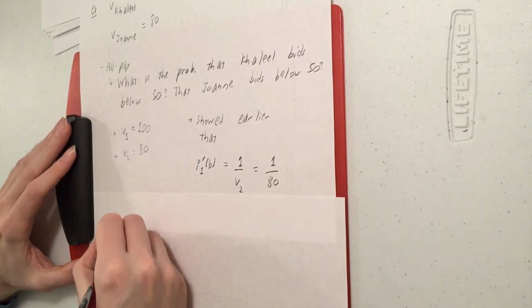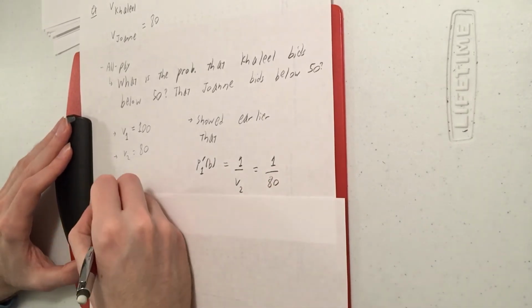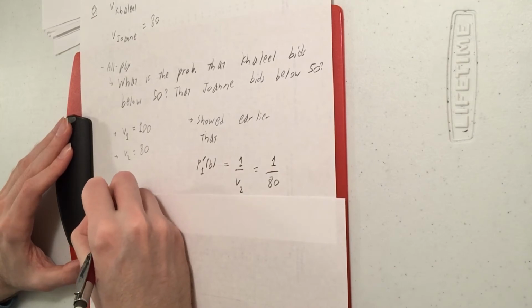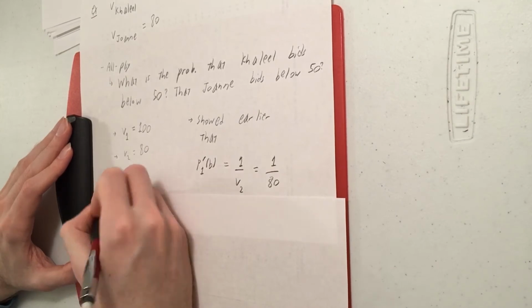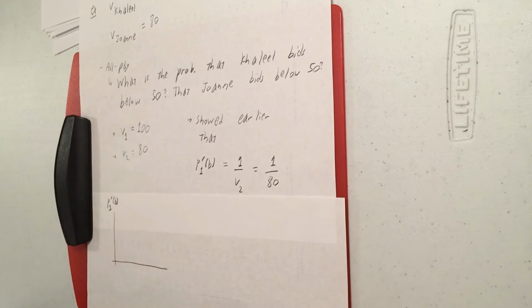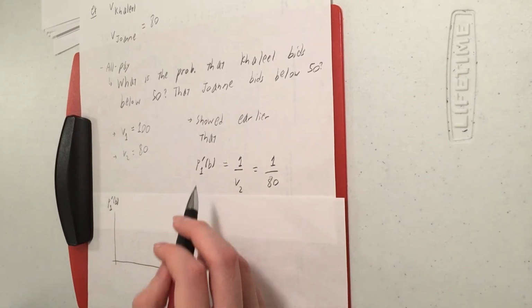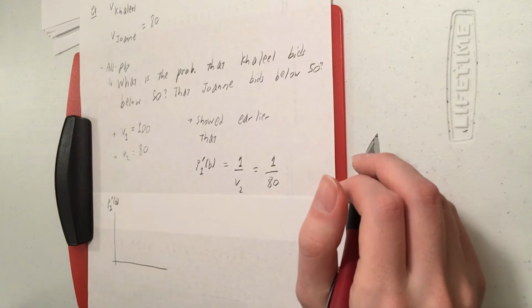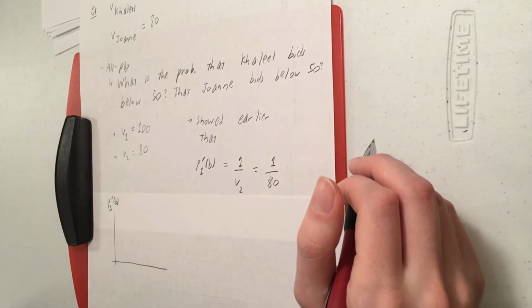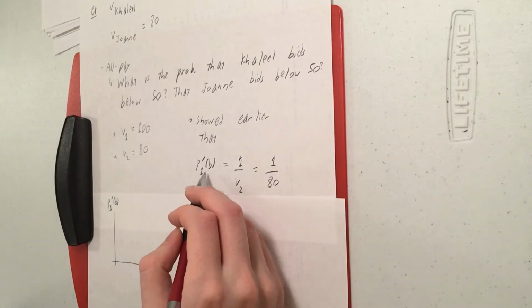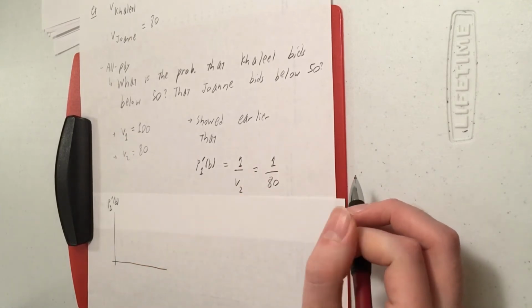So if we draw our graph, notice here, this is P1 prime of B, not P1 of B. Therefore, unlike the last problem, I can't just plug in B equals 50 and be done.